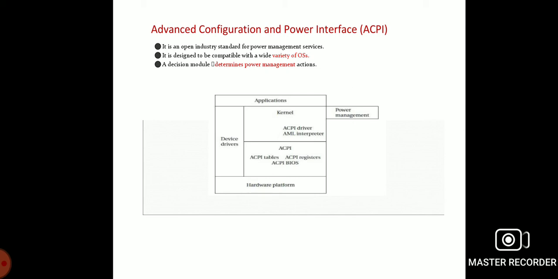S4 is the lowest power sleeping state, in which all the devices are turned off. G1 is the sleeping state in which the system appears to be off. And G0 is the working state, in which the system is fully usable. The legacy state is one in which the system does not comply with the Advanced Configuration and Power Interface mode.